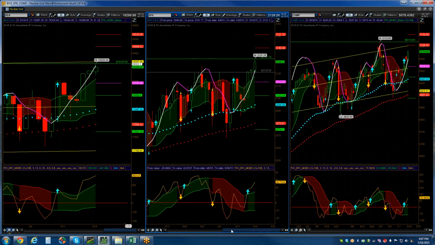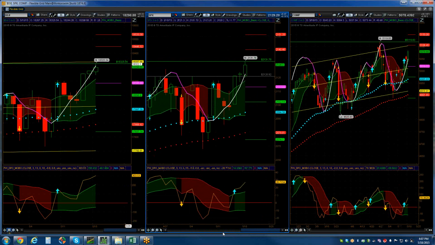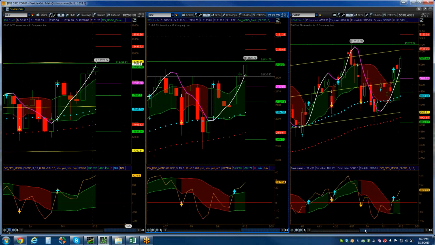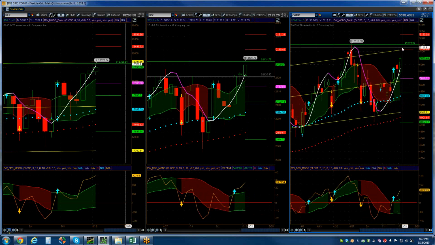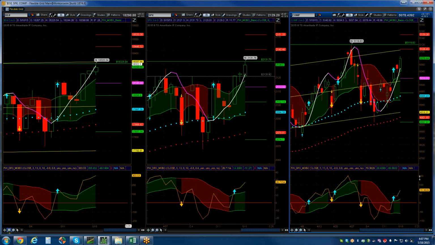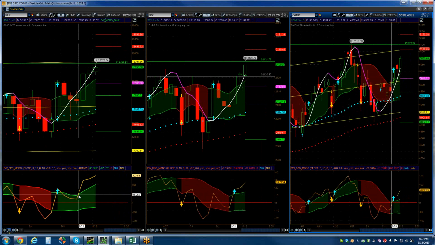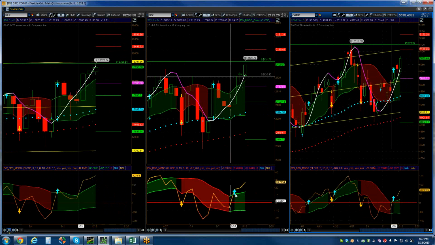Let's expand this a little bit. On the Nasdaq, we did not reach a new high, but it is a strong, bullish-looking pattern on all three index charts. The detrended price oscillator continues to move upwards.